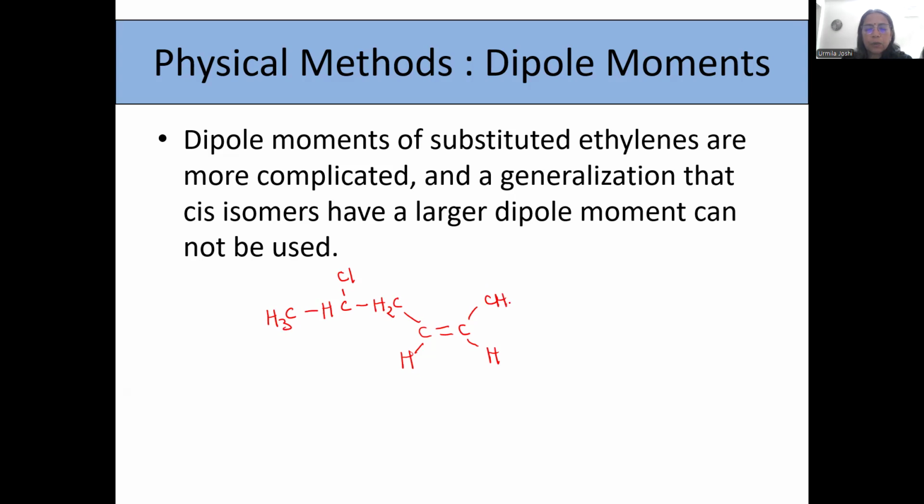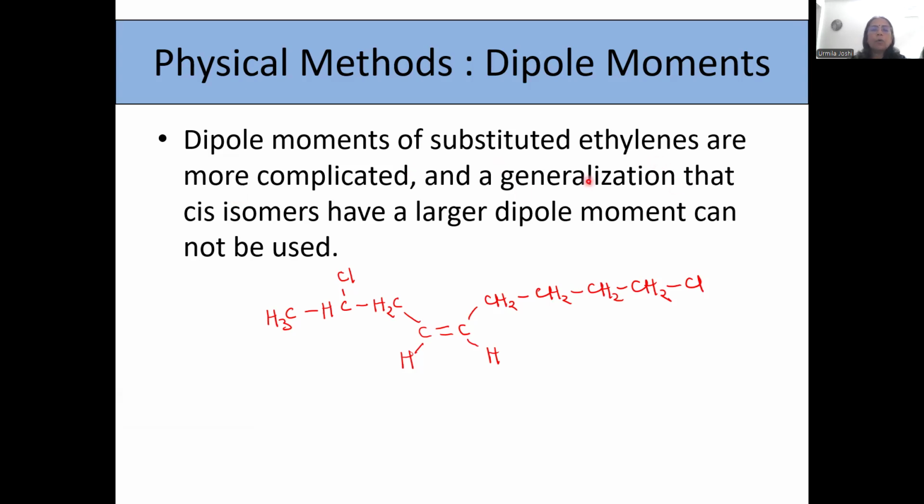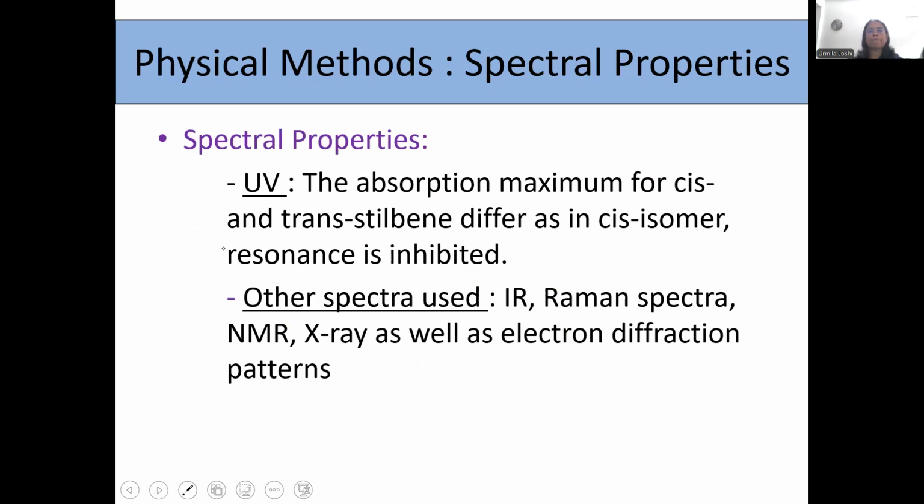Here there is another huge group with another substituent. So in such cases, finding out the exact dipole moment, the vector sum, will be difficult. So in case of long substituted ethylenes, predicting and generalizing that cis isomers have a larger dipole moment is not very correct.